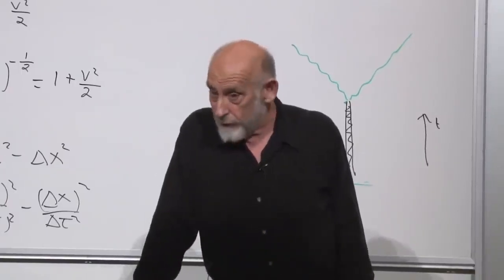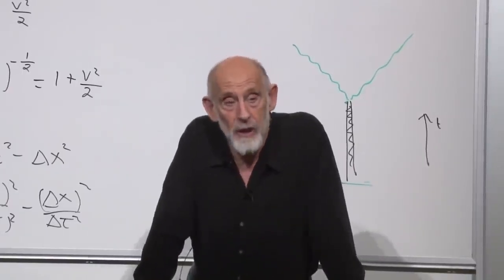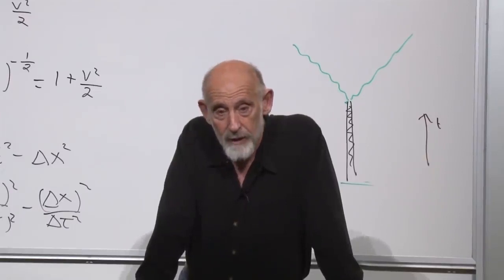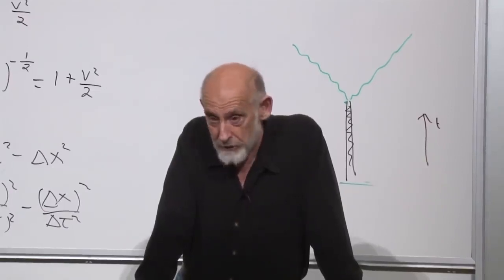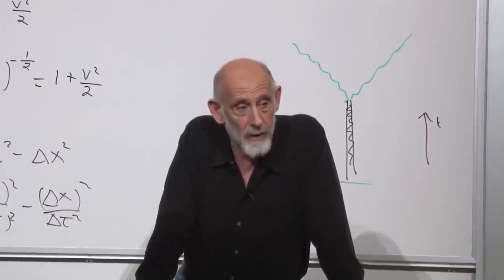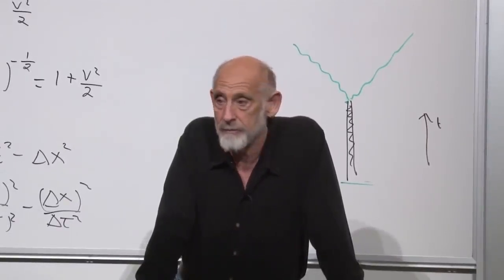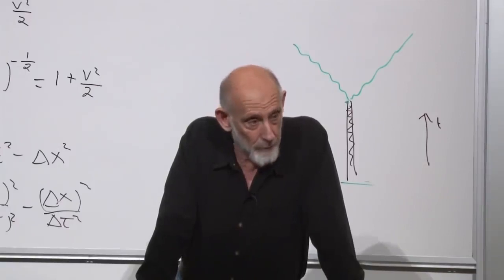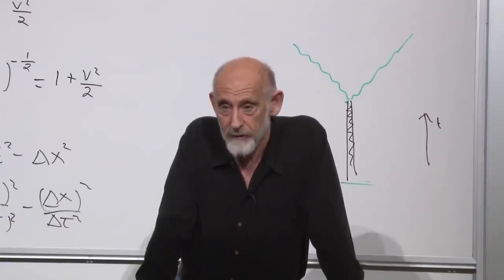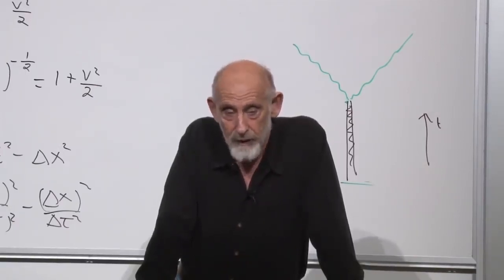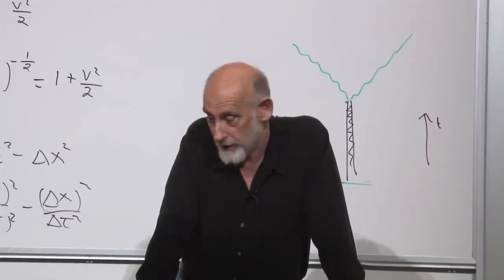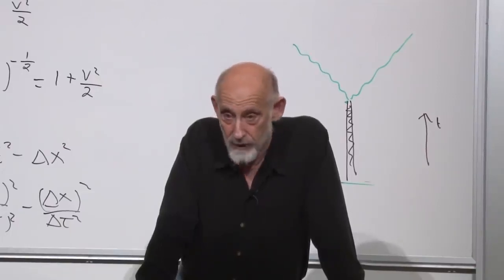Now we could try asking how this gets modified if we put various kinds of forces in, and we will do that. One of the things we will do is allow the particle to have a charge and couple it to an electric and magnetic field and see how it moves. But that's a little more complicated than anything we've done up till now.